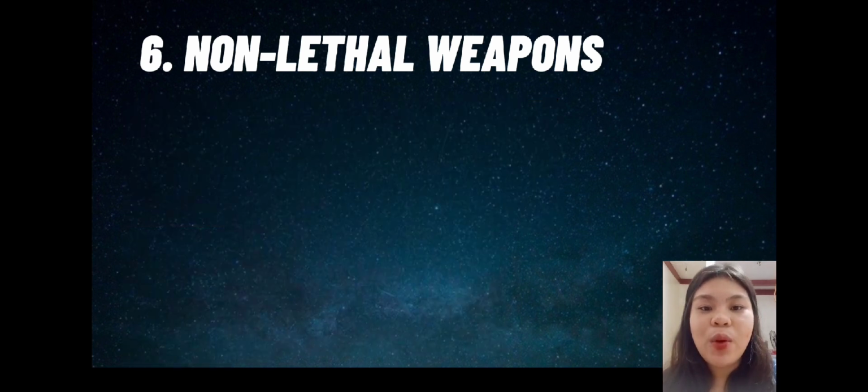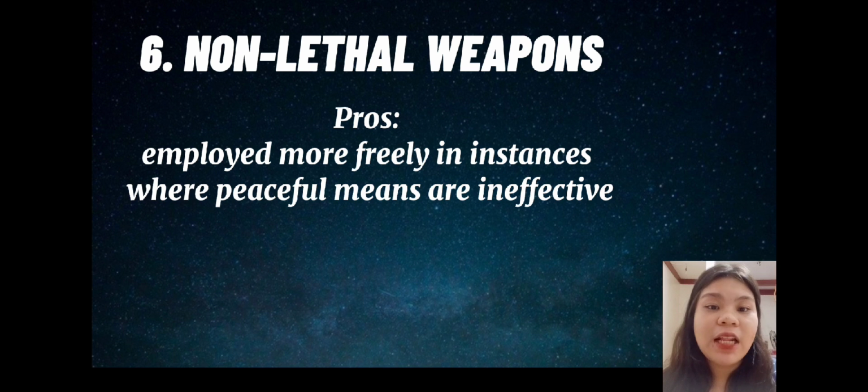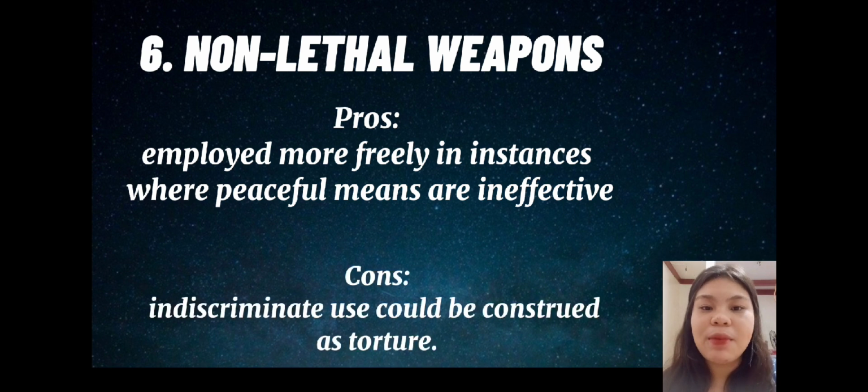Non-lethal weapons may be employed more freely in instances where peaceful means are ineffective, but their indiscriminate use could be construed as torture. They can also be called force multipliers when used in conjunction with lethal weapons.